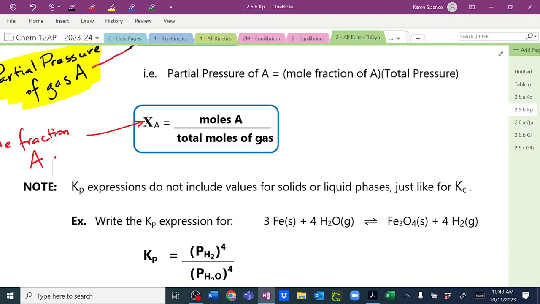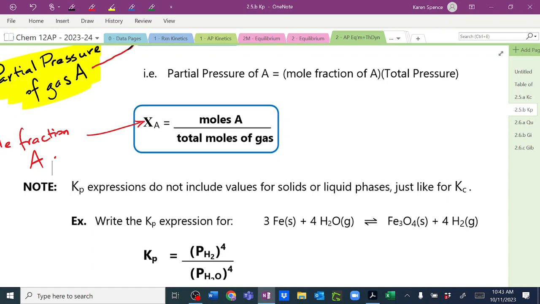They're the same thing. Nothing is different. Kc is Keq. Kp is simply a Keq done in pressures. Kc is Keq done in concentrations. And if we just use Keq, we assume we're doing a Kc, a concentration equilibrium constant.